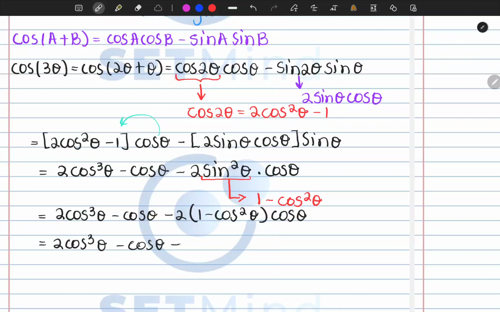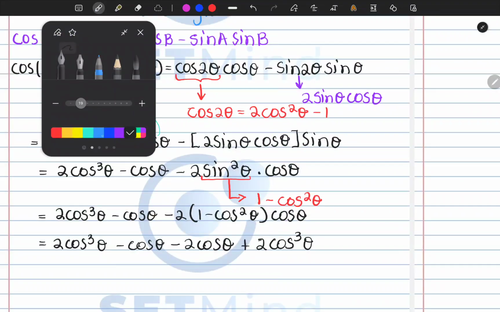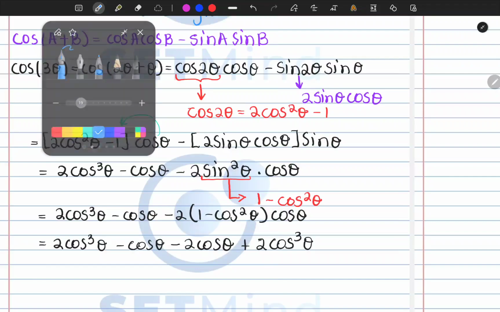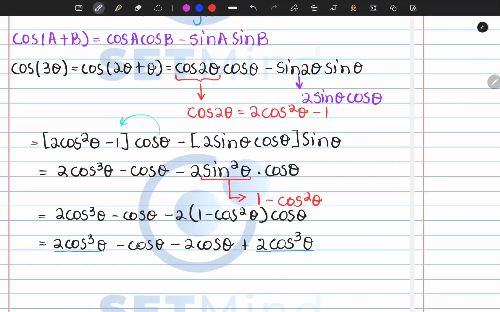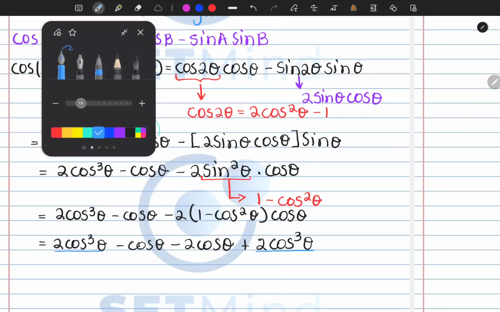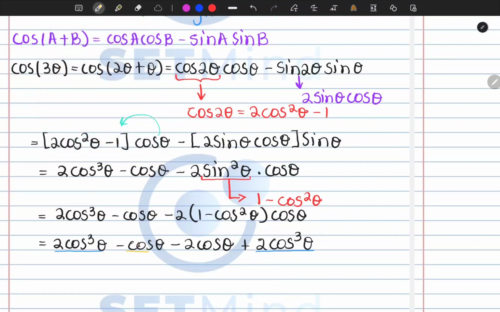So when we do our foiling, you'll see that we'll get minus 2 cos theta, then plus 2 cos cubed theta. And guess what? We have like terms. The blues are like terms, and the golds are also like terms.